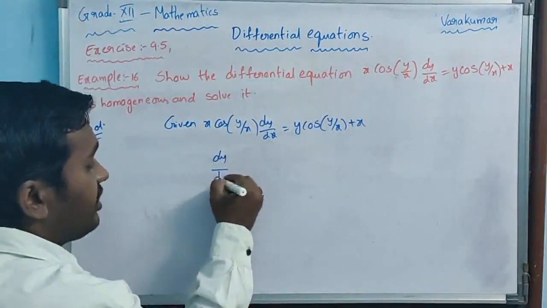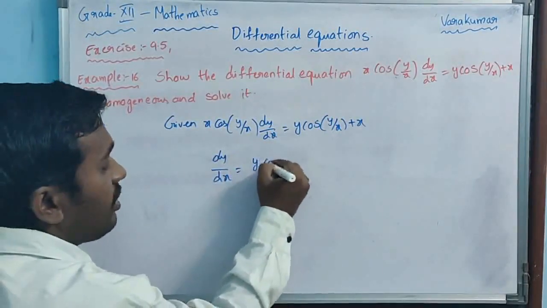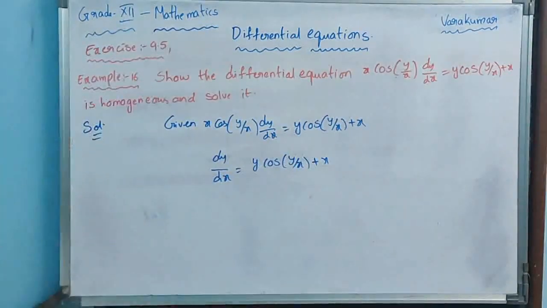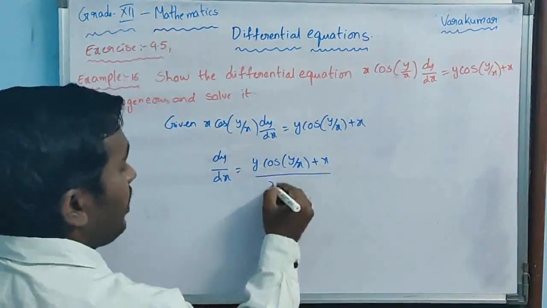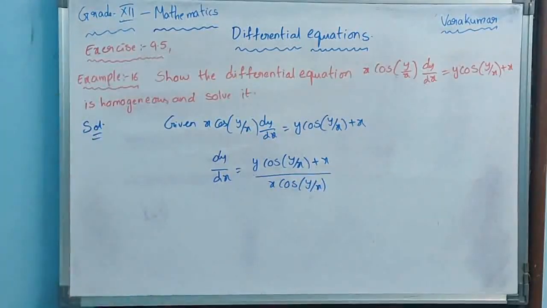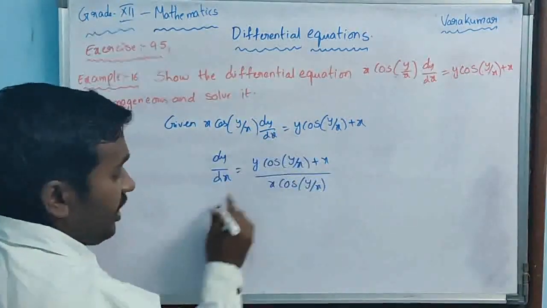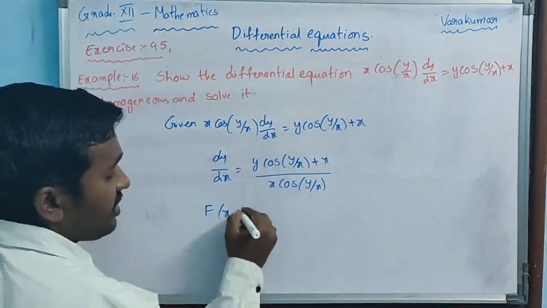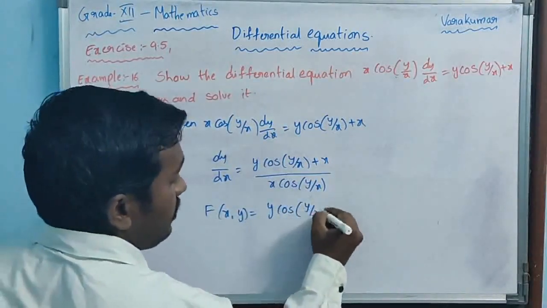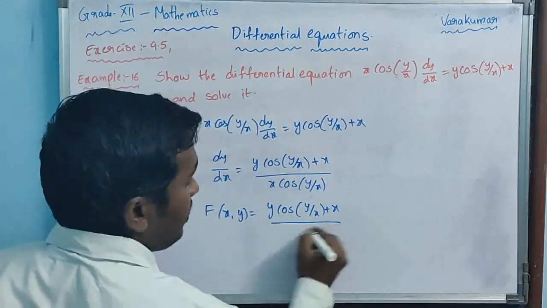Then dy/dx = (y cos(y/x) + x) / (x cos(y/x)). Clear? Now let us address it as f(x, y), which is (y cos(y/x) + x) divided by x cos(y/x).